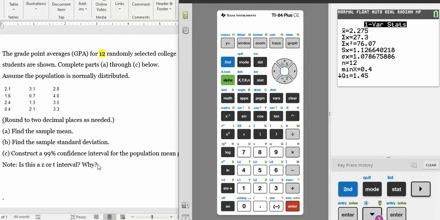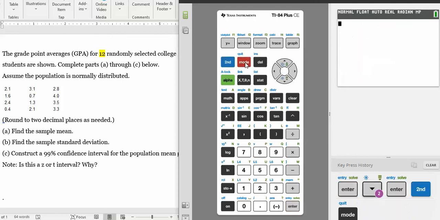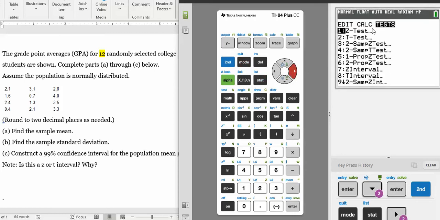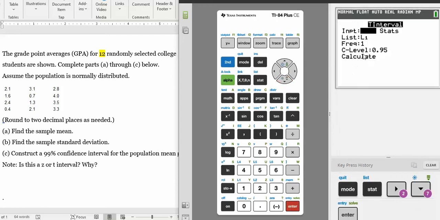That's the reason here. So we can still use the calculator to find the confidence interval, okay? Go to STAT, TESTS in here, and then find the T interval, which is number 8. You can scroll down to TInterval, or you can just type the number 8. If you know the sample mean, you would use Stats, but since we got raw data here, we're going to use Data, and hit enter here.